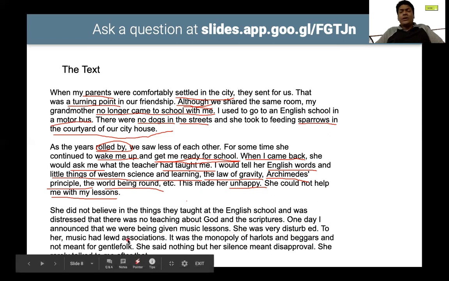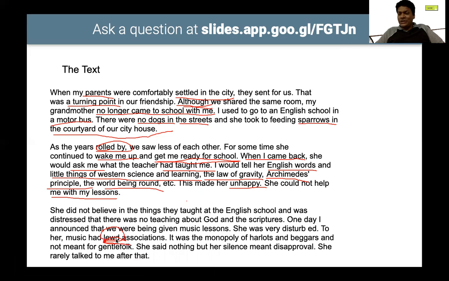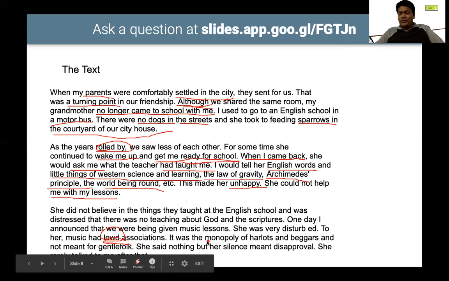So why? Because she believed that music had lewd association. So what do you mean by music lewd association? Music creates bad association or bad companions. So it was the monopoly. It was the monopoly of what?